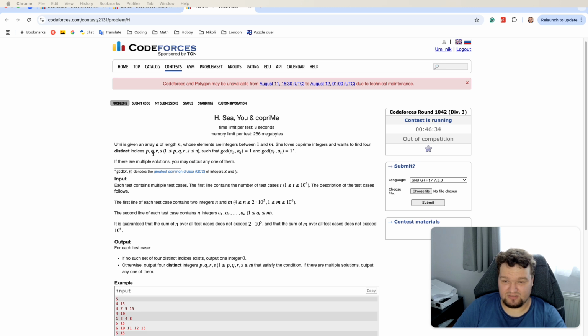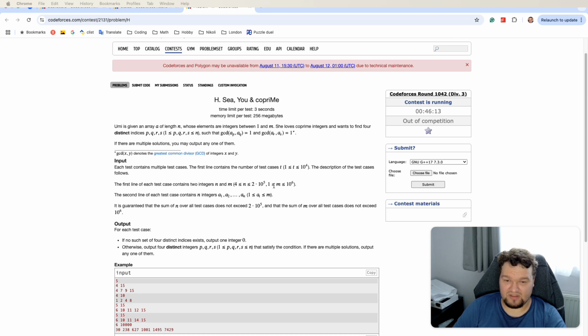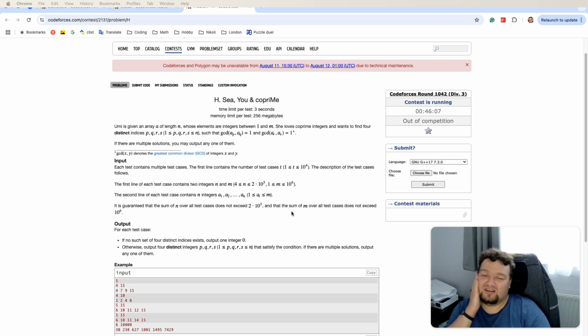So we need to find two non-intersecting pairs of different by position indices such that both pairs are coprime. Interesting. M is up to 10 to the 6 and the sum of M is up to a million. Interesting.